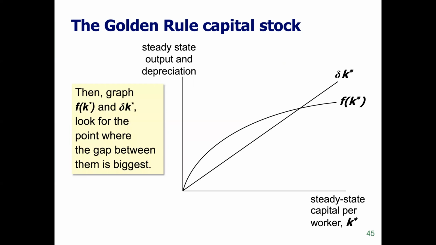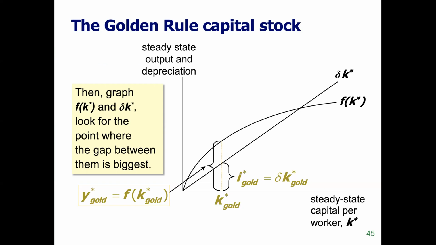Now we're doing something different here. Before we had s f of k star equals delta k star to find the steady state. But now what we're doing is we're trying to see how much consumption there is. Consumption is f of k star minus delta k star. So what we want is to have that vertical gap between the curved f of k star and the straight delta k star be as much as possible.